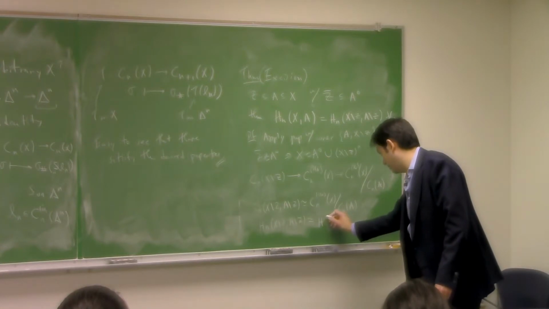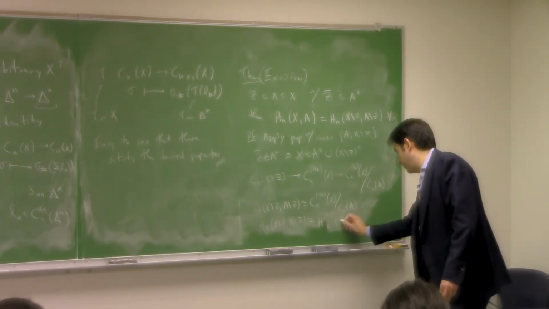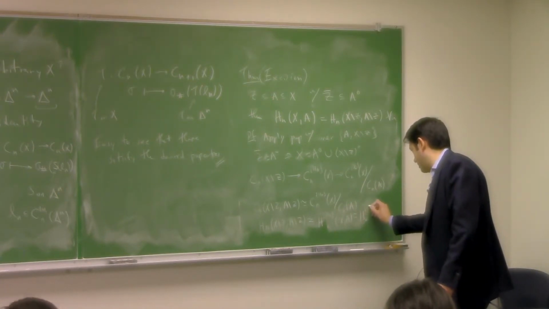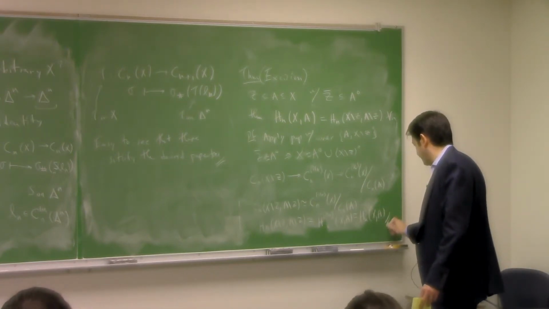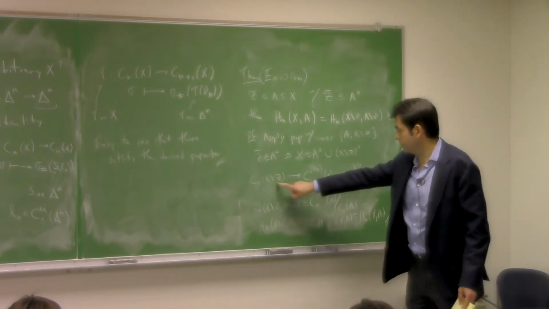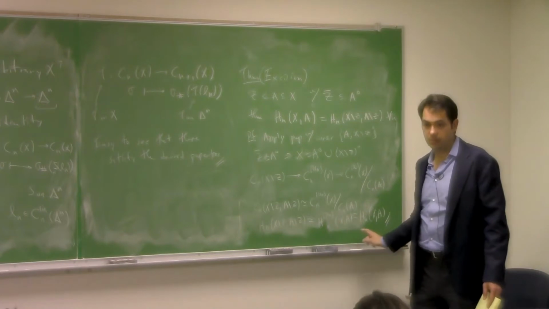But in any case, this is going to be H_n of (X, A) for the U alpha. And what we've proven is that this is H_n of (X minus the union of U alpha, A) minus it. And the map is just induced by the inclusion.